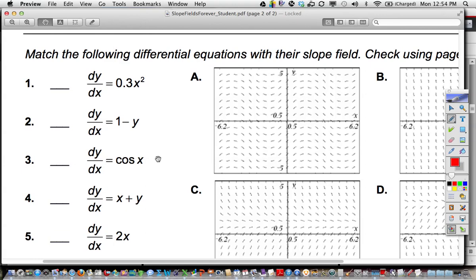You're going to be matching, and this is the second thing that you're going to have to do with slope fields. One is draw a slope field. Another is be able to match the slope field with a differential equation. So you've got a bunch of different slope fields, and notice there's no graphs drawn in them. There's no blue graph drawn in. The slope field is a picture of the y graph, or y graphs, I should say, because there'd be an infinite number of them, depending on your initial condition.